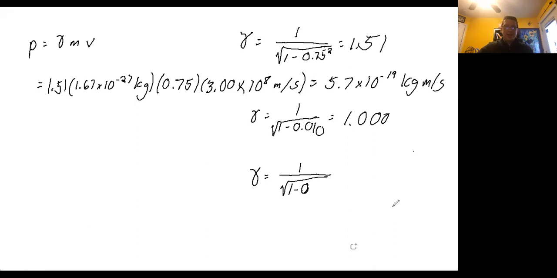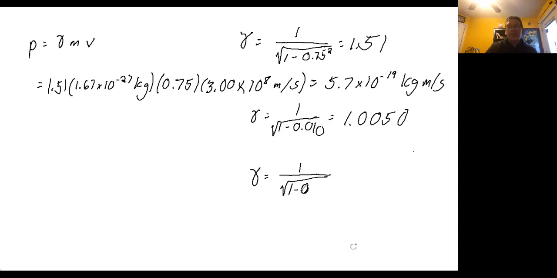So that's 1.0050 up here. So basically, the answer is going to be changed by 0.5% when you're at 1/10 the speed of light.